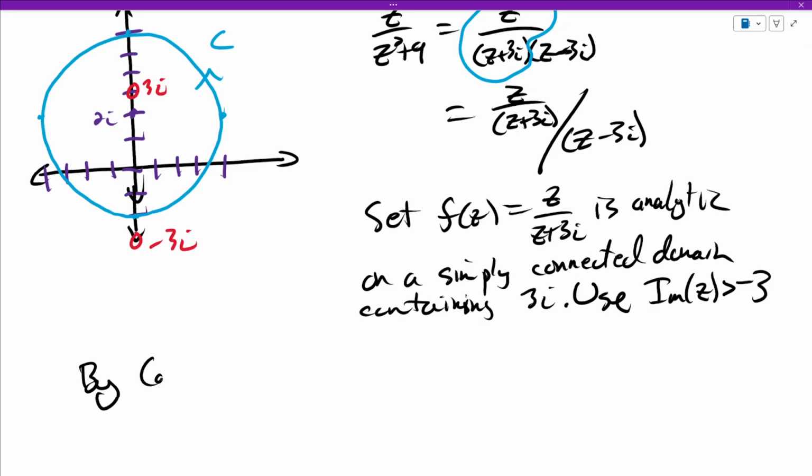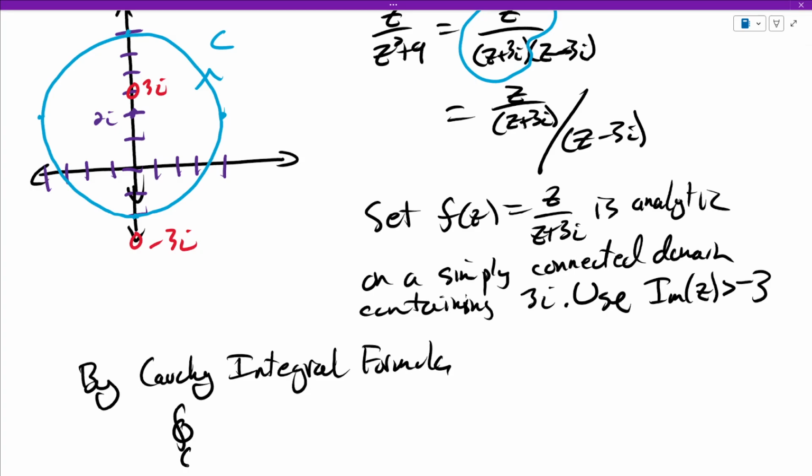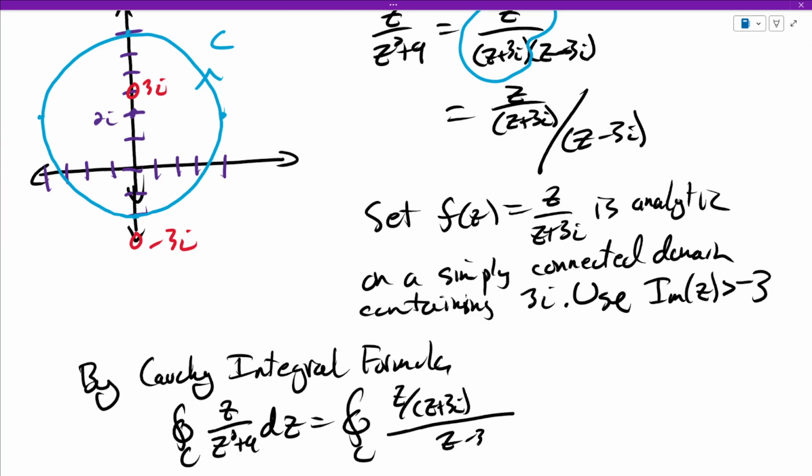So by the Cauchy integral formula, the value of this contour integral, the integral of z over z plus 3i, all divided by z minus 3i, is going to be 2 pi i times the value of our function at our singular point, which is 3i.